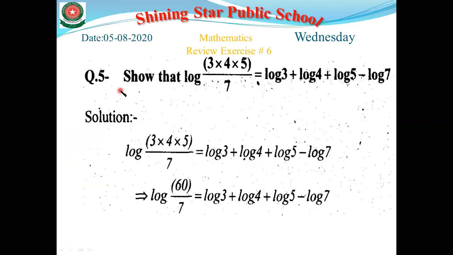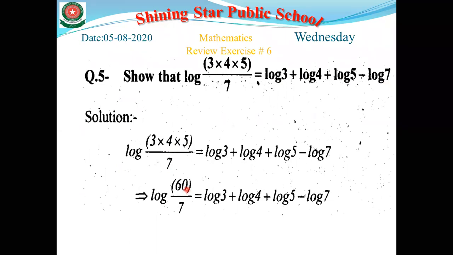Question number 5. Show that log 3 multiplied 4 multiplied 5 divided by 7 equal to log 3 plus log 4 plus log 5 minus log 7. Very simple question. We know that 3 multiplied 4, 4 multiplied 5 is 60. So it becomes log 60.